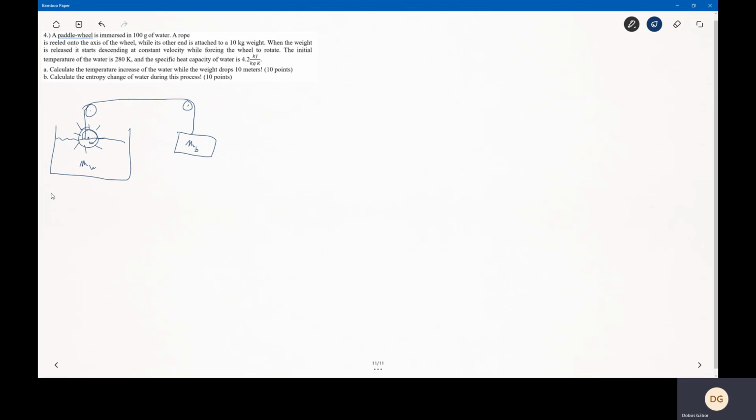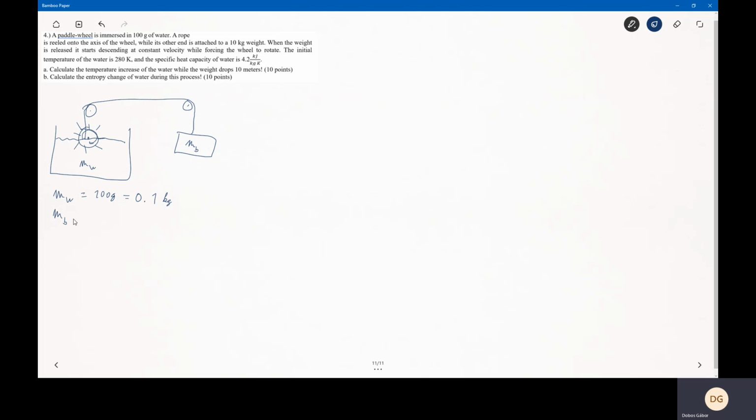So the problem tells us that m water is 100 grams. So let's change this over quickly to kilograms. So 100 grams is 0.1 kilograms. We also know that the mass of this body, this heavy body, is 10 kilograms.